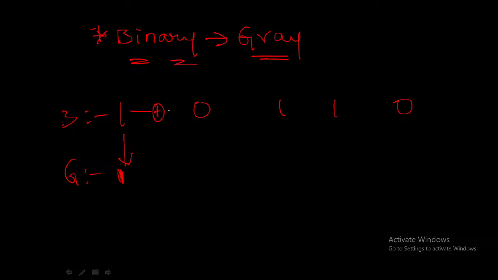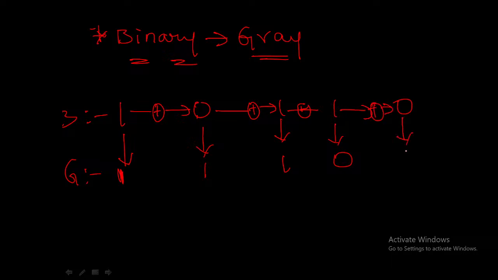So we XOR 1 and 0. We XOR the successive bits of the binary number, and the result is written in the gray code. 1 XOR 0 is 1, 0 XOR 1 is 1, 1 XOR 1 is 0, and 1 XOR 0 is 1.